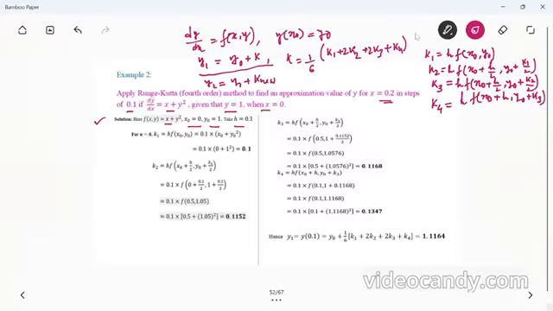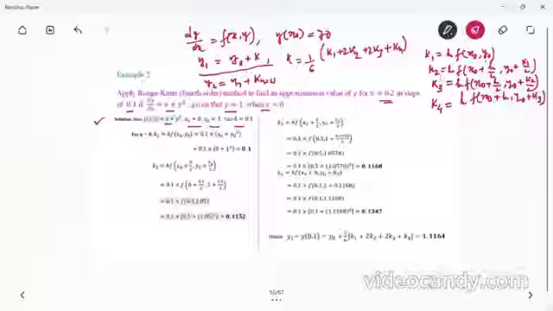So K new will be calculated in this way: K1 new plus 2 K2 new plus 2 K3 new plus K4 new by 6. Again, you will get K1 new equals h f of x0 y0 for the previous one. Now this is x1 y1. Then we can calculate K2 as h into f of x0 plus h by 2, y0 plus K1 by 2.